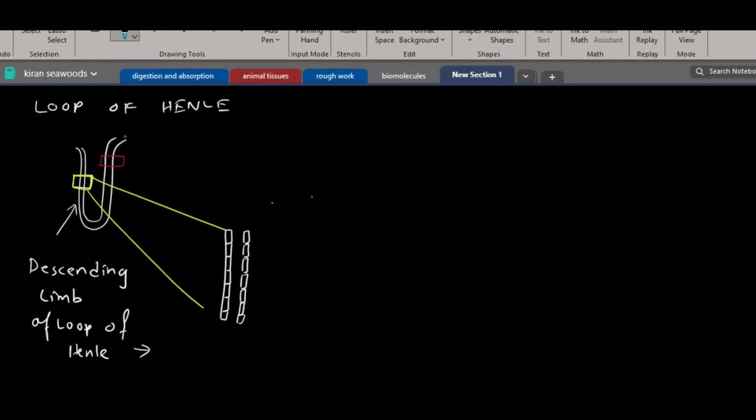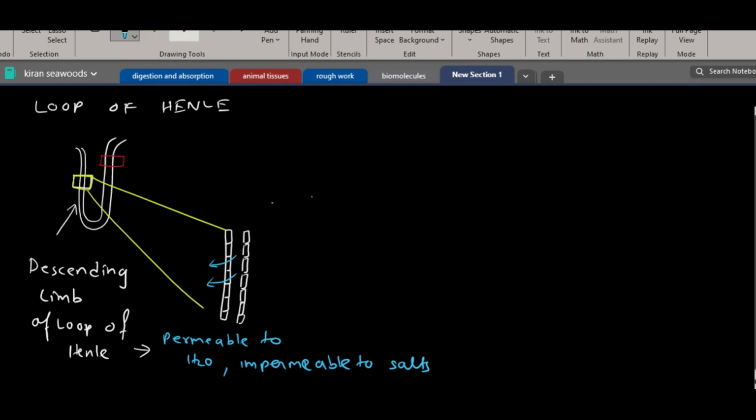So water will be getting out of this tube into the nearby capillaries. So permeable to water, but almost impermeable to salts.